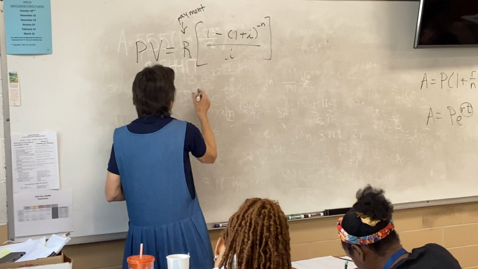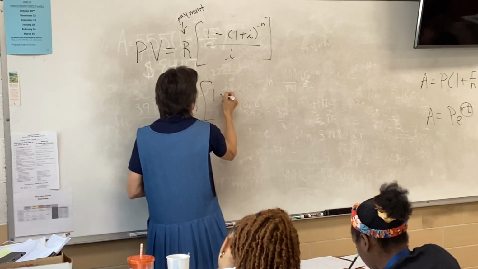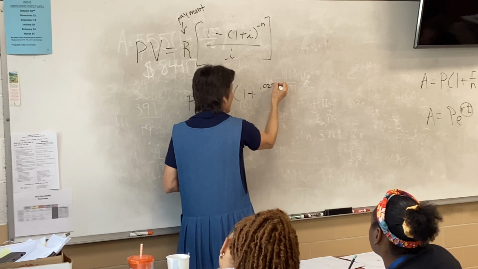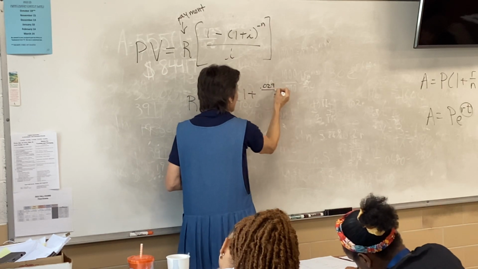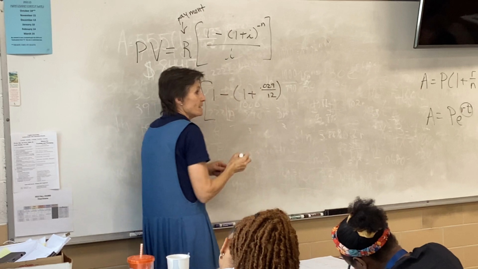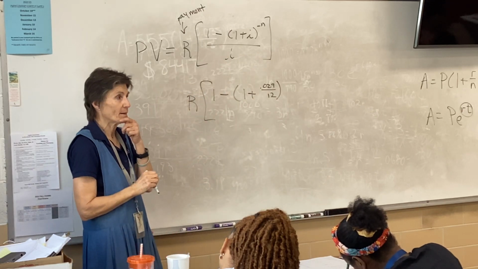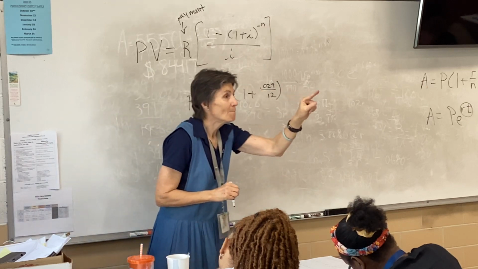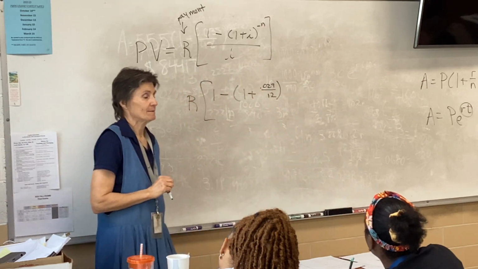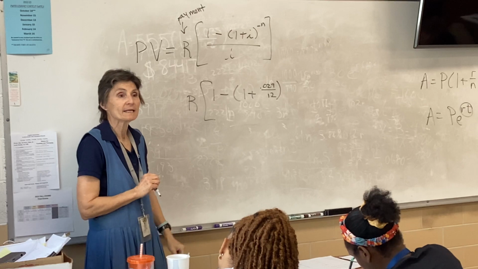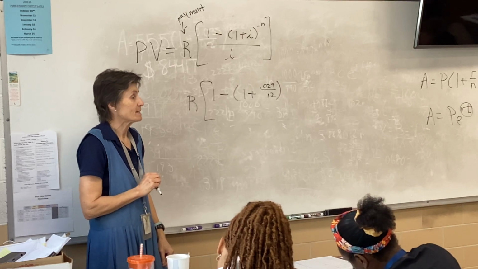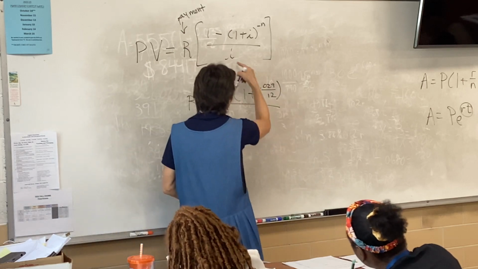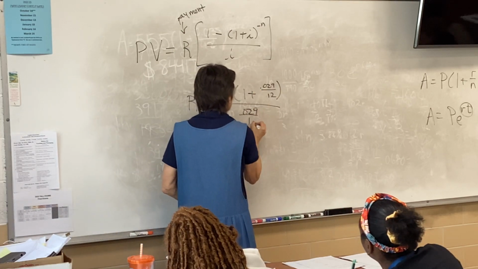So what I put in for the interest rate is 0.029 divided by 12. Now, why do you think I had to divide it by 12? Meg? Because you're splitting up an annual interest rate into 12 months. Exactly. It's splitting up into months.